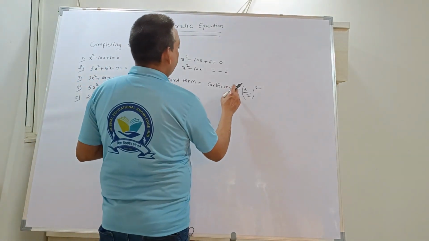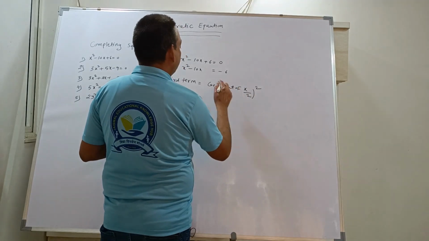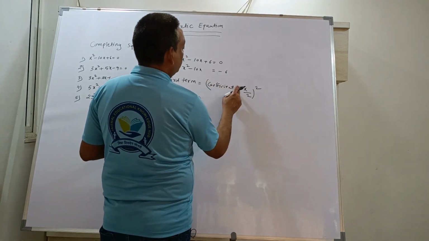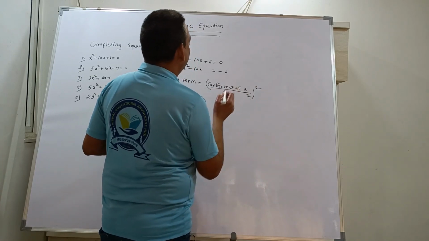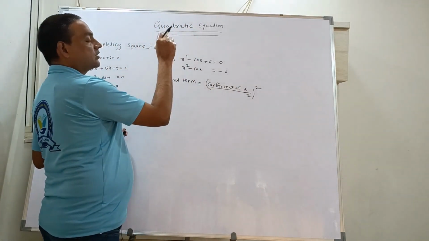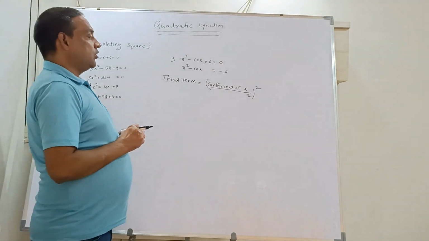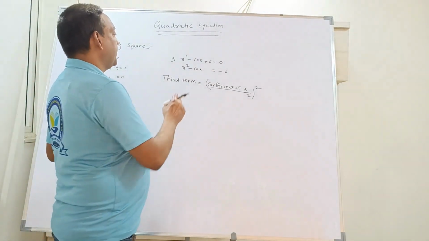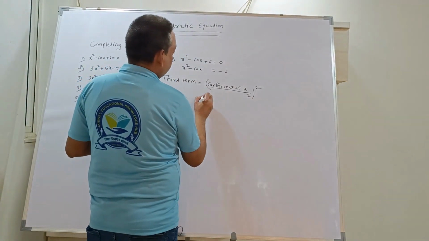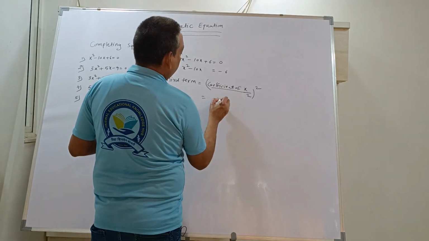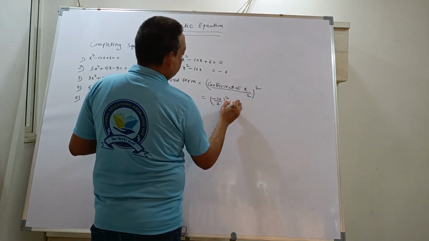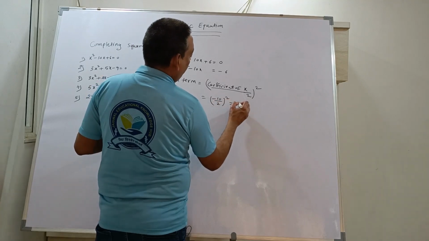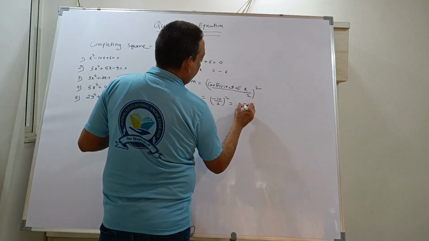In this case, the coefficient of x we write from here. Divided by 2 the whole square. So what is the coefficient of x given in this? The coefficient of x given in this is minus 10. So minus 10 divided by 2 the whole square, which is minus 5 whole square, is 25.